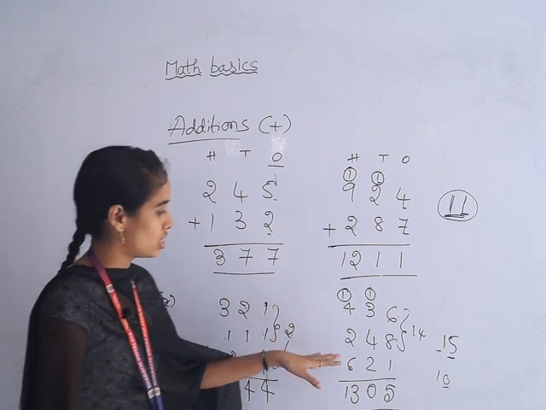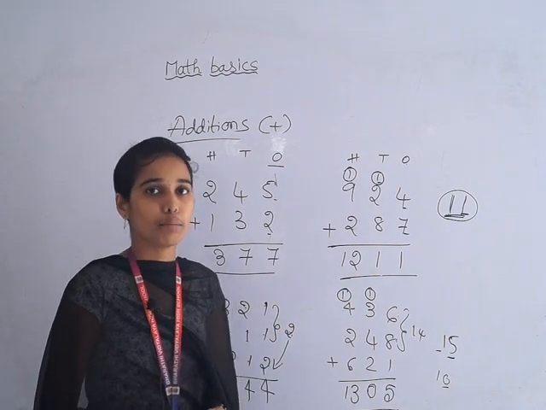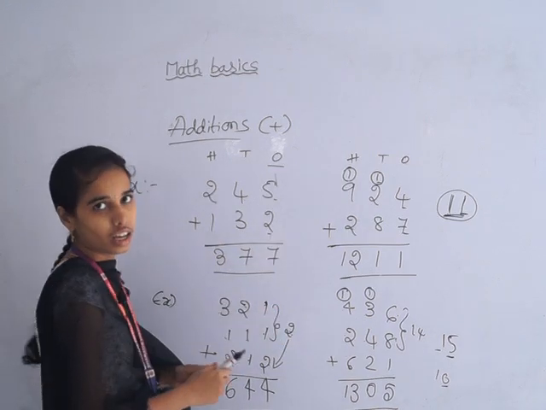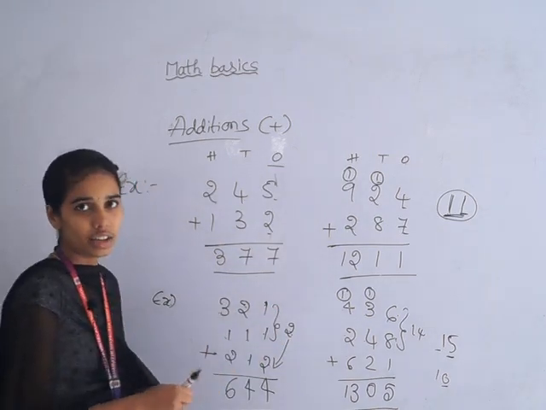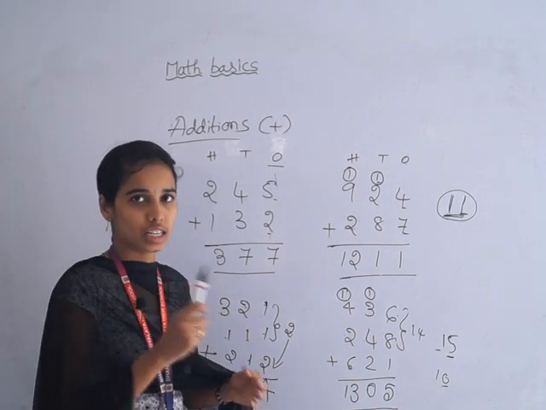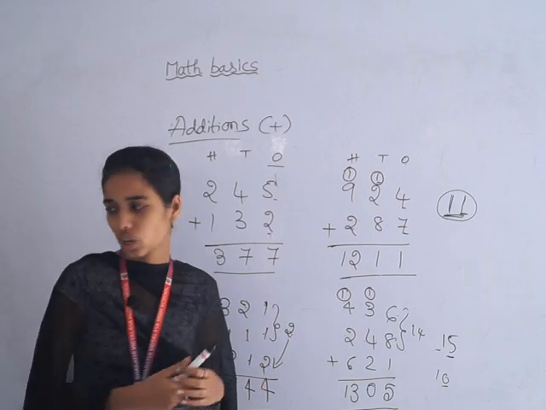Are you understanding, children? So now I am telling about subtraction. These are the additions for 3-digit and 3-digit additions without carrying and with carrying. Okay, now I am telling subtractions, that is with borrowing and without borrowing. Okay, children?